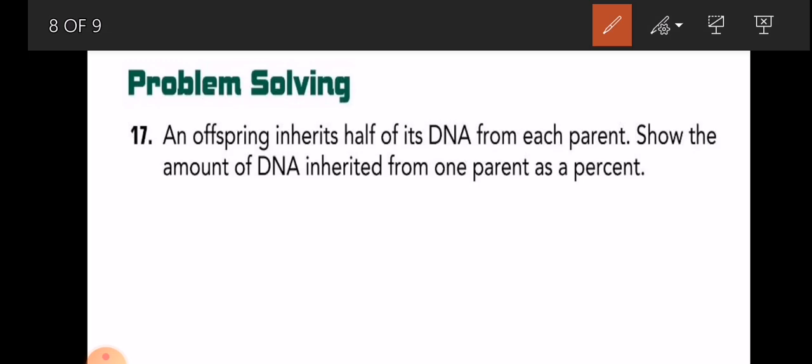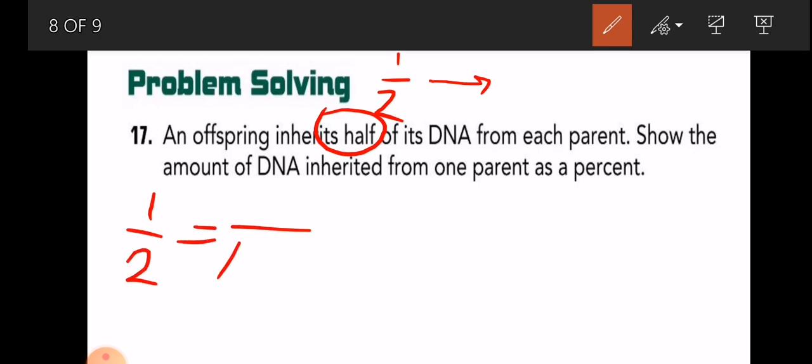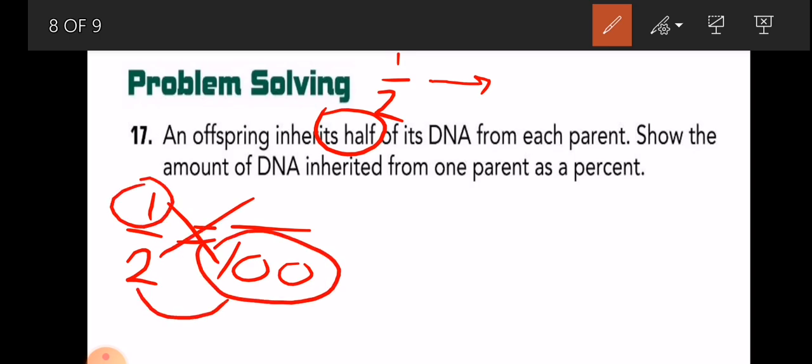It means each parent will give her half. What does half mean? It means 1/2. I want to show this as a percent. How can I make 1/2 a percent? You can use the proportion or you can multiply by 100. I will use the proportion. It means 1/2 equals what over 100? Cross multiplication. 1 multiplied by 100 is 100. Then divide by 2 will give me 50. So it's 50%.